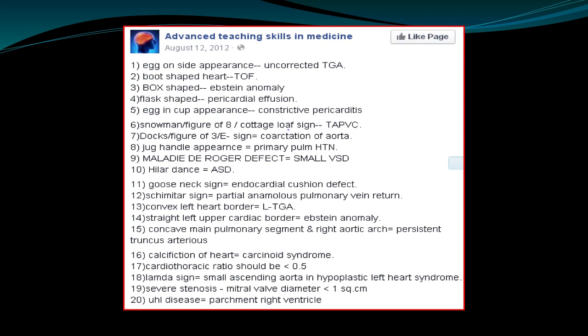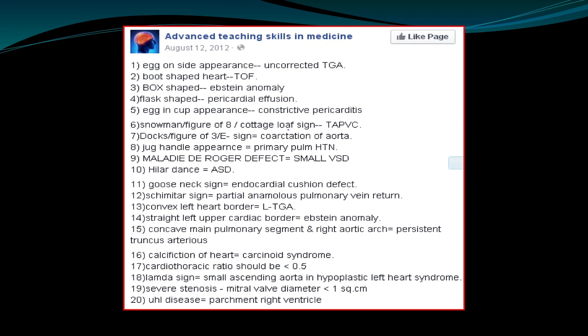Then scimitar sign is the partial anomalous pulmonary venous return. The convex left heart border is the left transposition of the great arteries. Number 14 is the straight left upper cardiac border, which is due to Ebstein anomaly. Number 15 is the concave main pulmonary artery segment or right aortic arch, which is due to the persistent truncus arteriosus, which is also seen in tetralogy of Fallot.